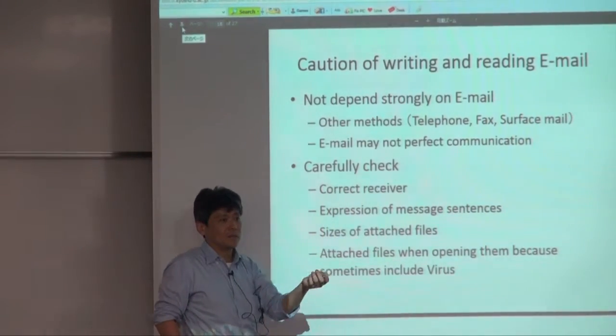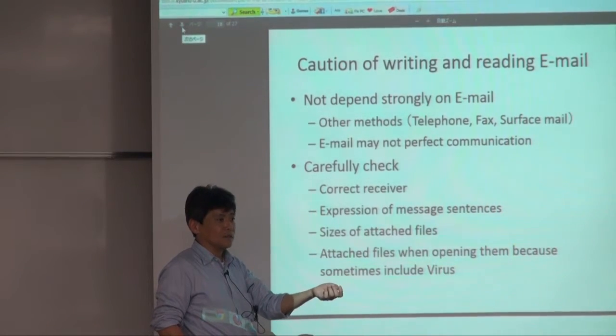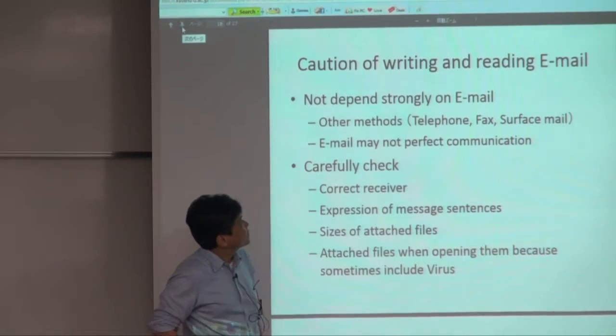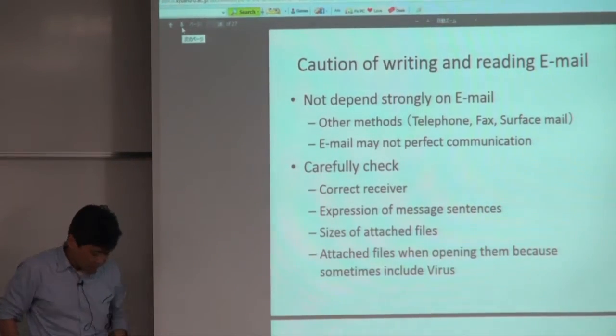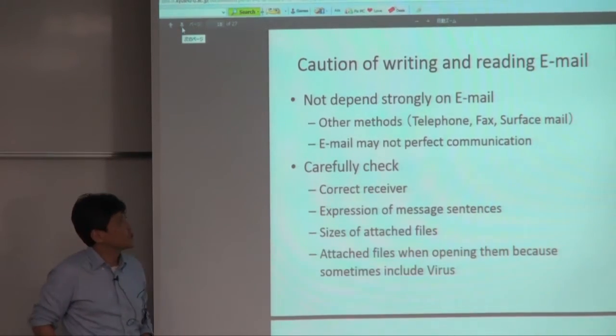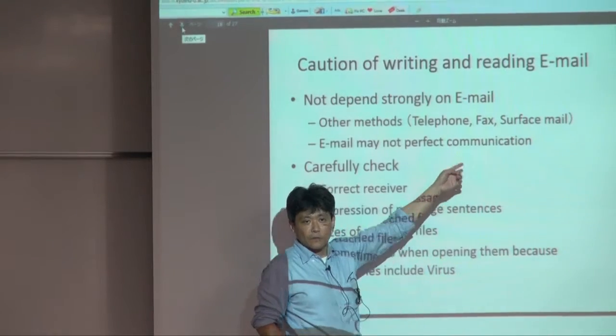Sometimes the mail server is down, or sometimes the network is broken. So if you need very important communication, you have to check using the telephone, fax, or surface mail. Okay.